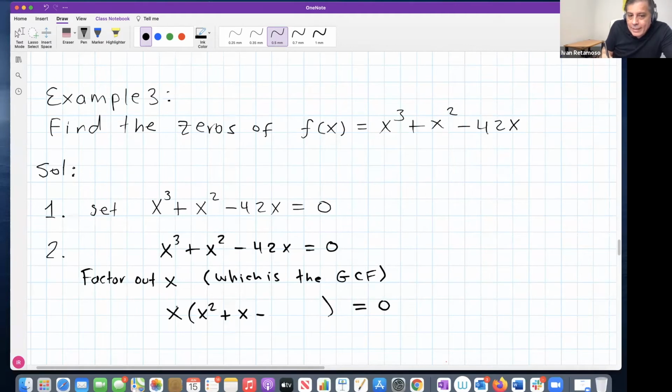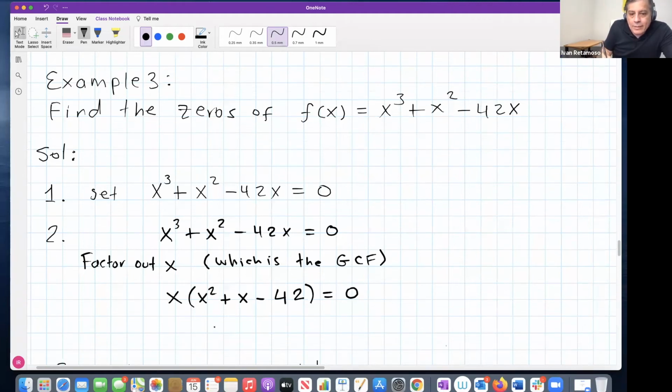Minus, x into negative 42x, the x's cancel, negative 42 stays. So x times (x squared plus x minus 42) equals 0. This is what you get when you factor out x.